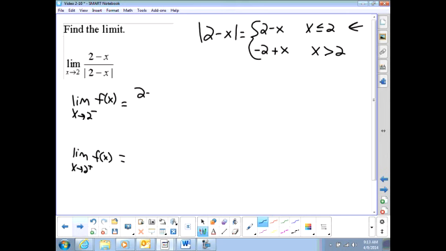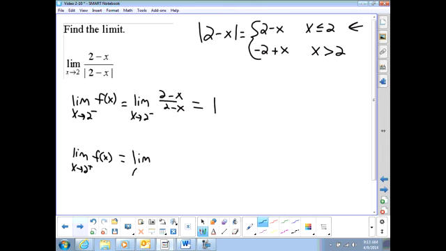So really we'll have 2 minus x over 2 minus x for our function. That's really the limit as x approaches 2 from the left of 2 minus x over 2 minus x. Because that's the same thing, both top and bottom, anything divided by itself is just 1. So it's always going to be 1.